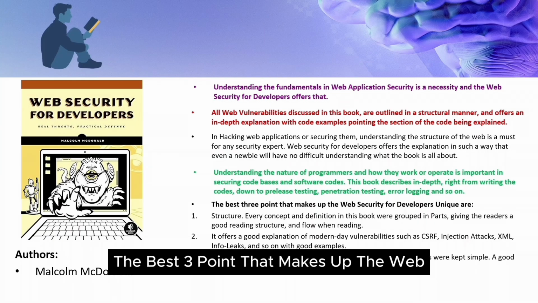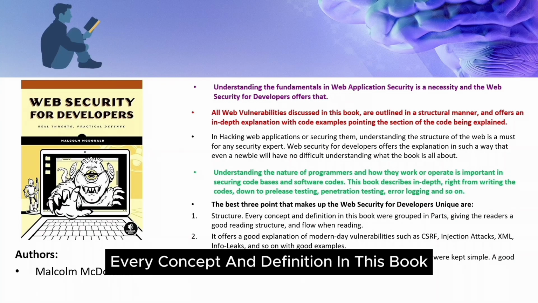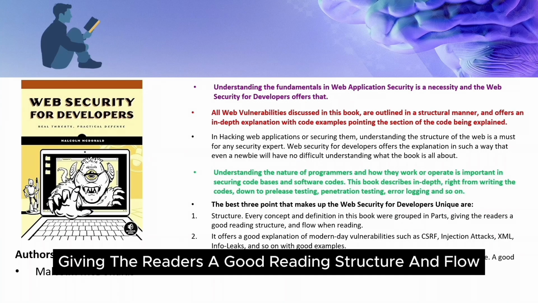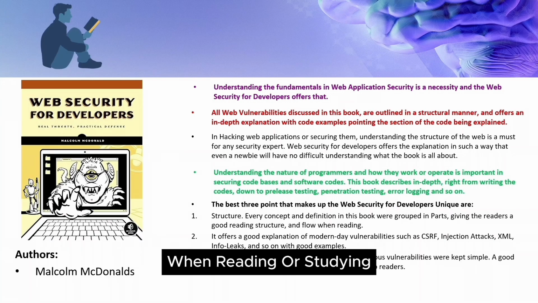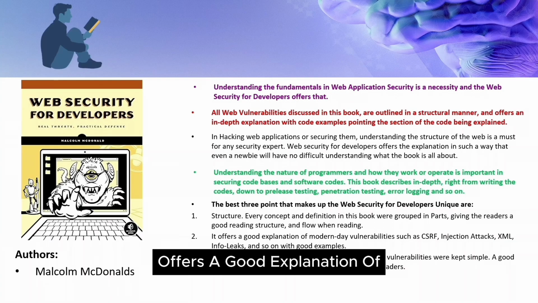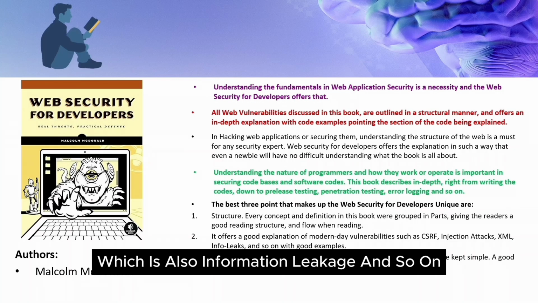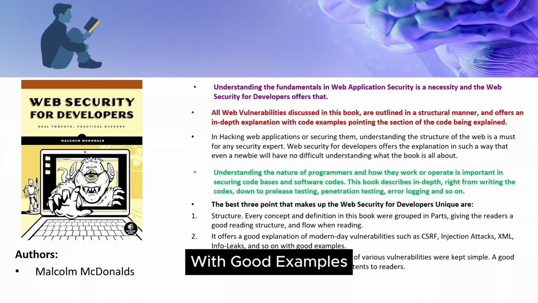The best 3 points that make Web Security for Developers unique are: 1. Structure. Every concept and definition in this book was grouped in parts, giving the readers a good reading structure and flow when reading or studying. The second point is that it offers a good explanation of modern-day vulnerabilities such as CSRF, injection attacks, XML, info leak, which is also information leakage, and so on, with good examples.